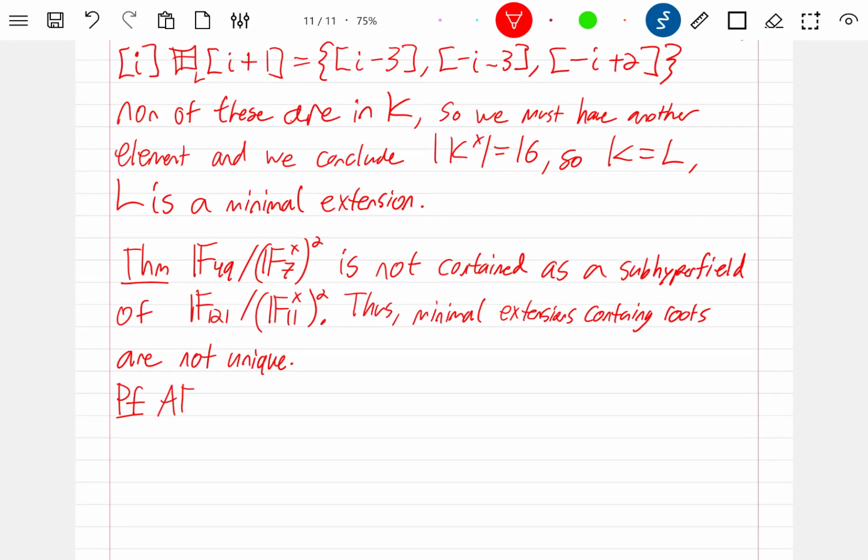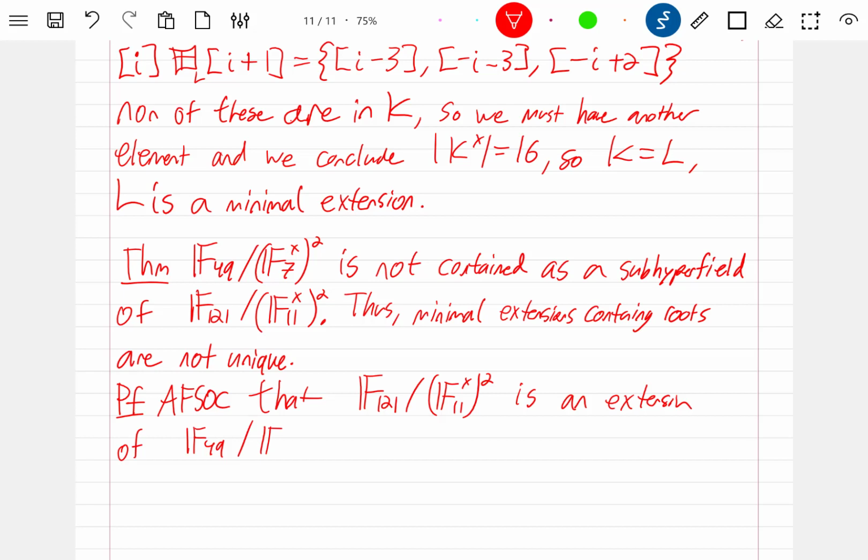So let's assume, for the sake of contradiction, that F121 mod the squares is an extension of F49 mod the squares.